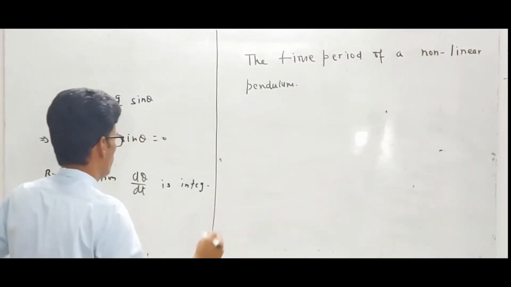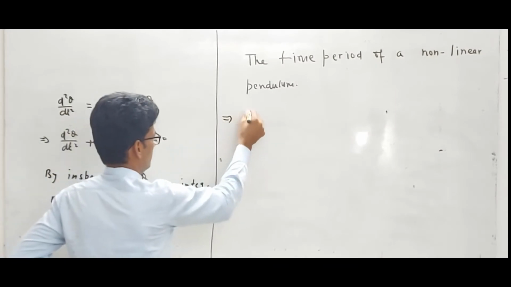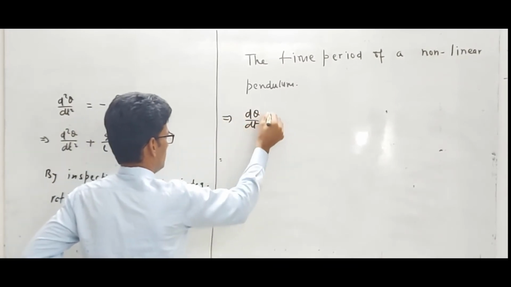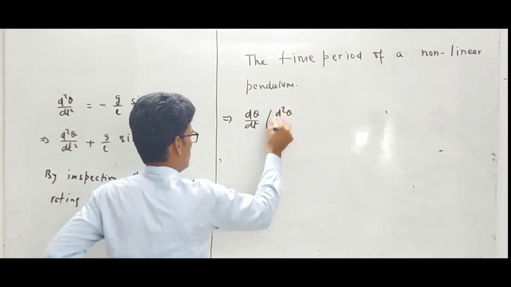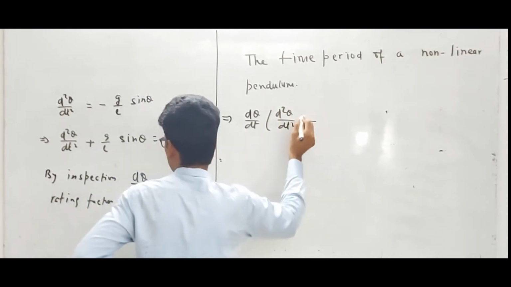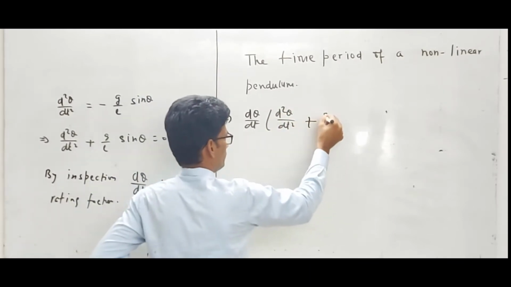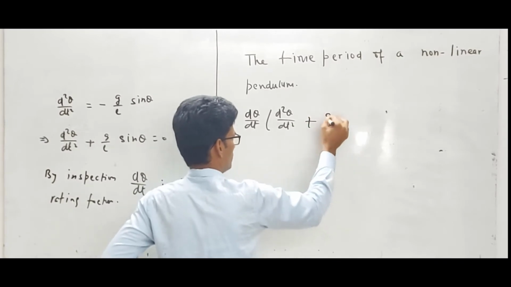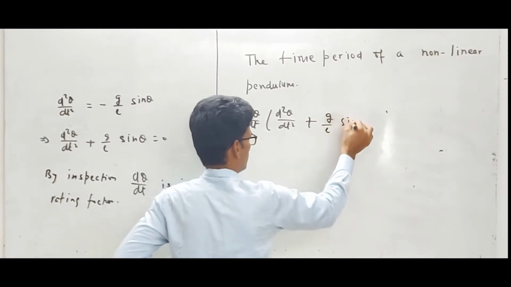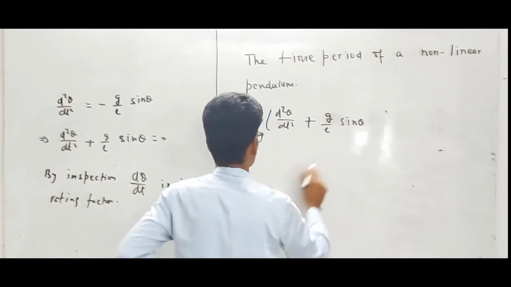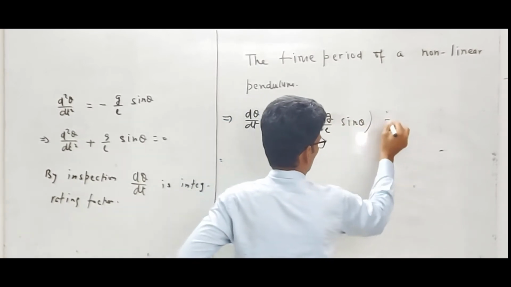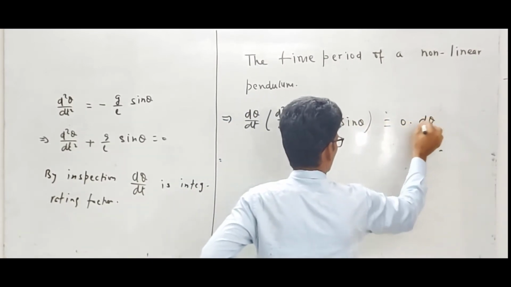So we multiply both the sides. This implies d theta by dt times d2 theta by dt square plus g by L sin theta is equal to 0 times d theta by dt.